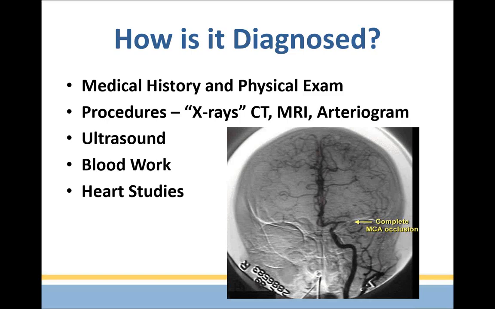This is an arteriogram, and it's a study of the blood flow through the large vessels, which can be done by CT or MRI. And it can show precisely what vessel is blocked. This can give a very good idea of what effects can be expected. If we know where in the brain the stroke occurred, we also know what functions that portion of the brain is in control of. So it can be very helpful for long-term consultation.